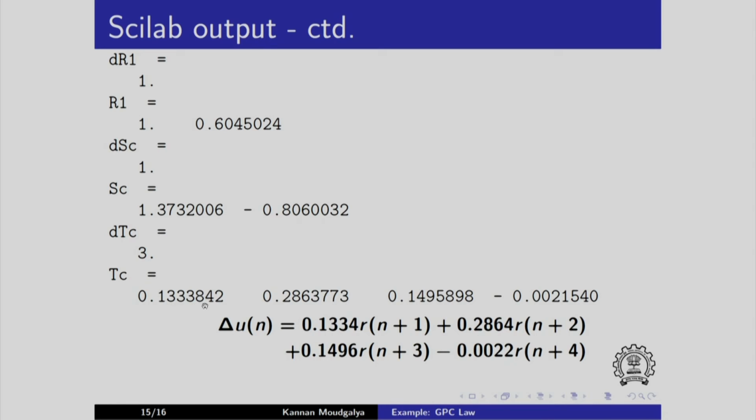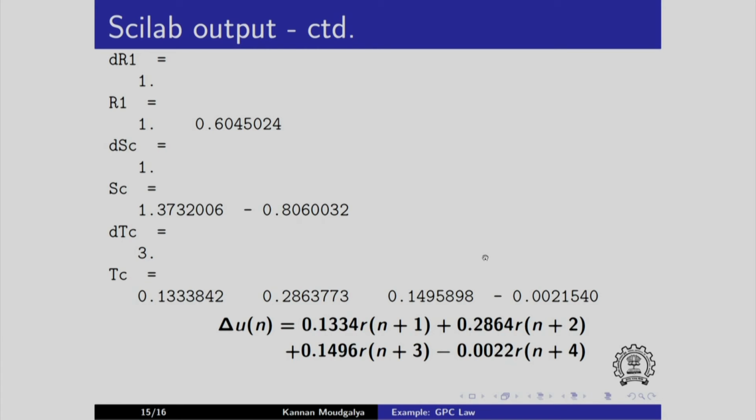You can see these 4 terms of TC are nothing but the 4 terms that we already used. You can see 0.1334 here, similarly 0.0022 with a minus sign, and this is nothing but TC.